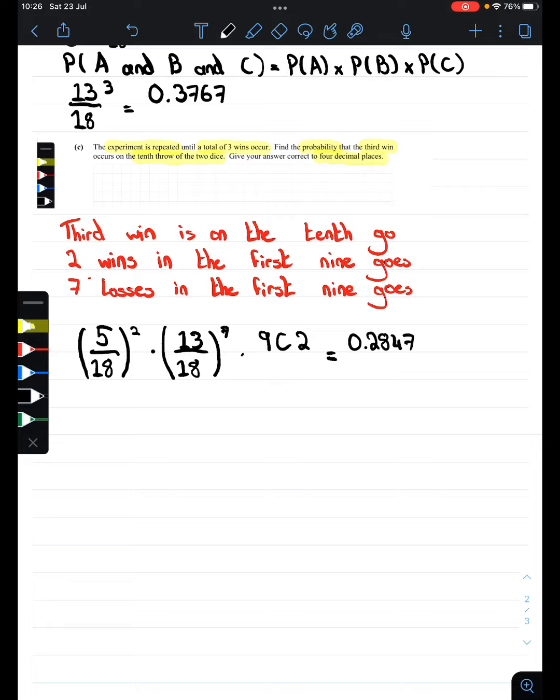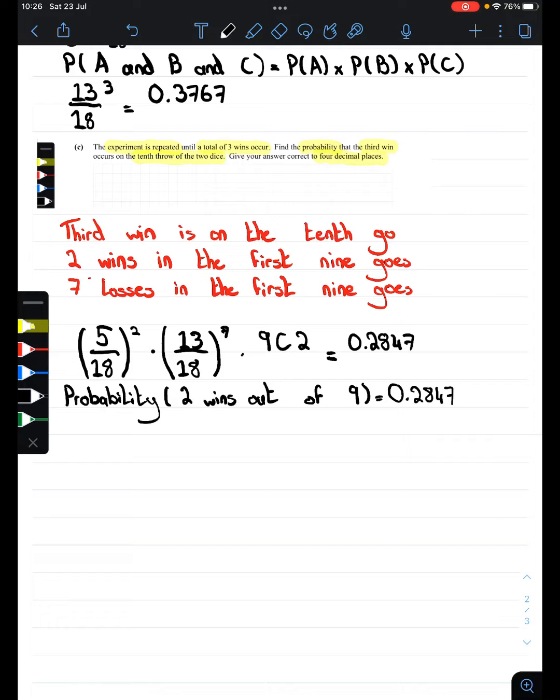So the probability that we get to the 10th go with 2 wins out of 9 is 0.2847.